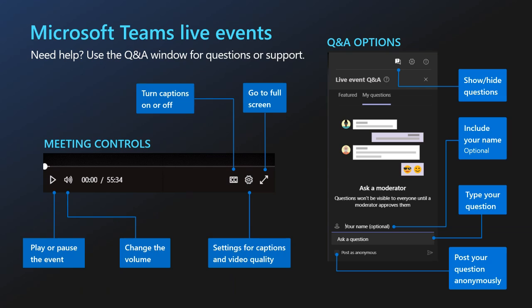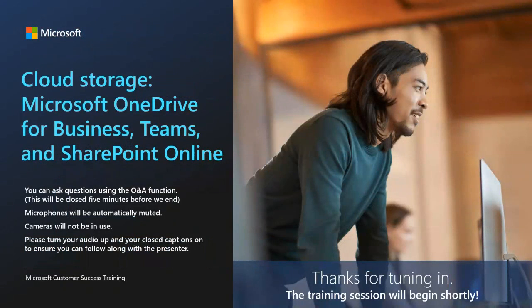That way we know what your original question was, and that'll help us out because most people tend to post their questions anonymously. Now, do note that during this session, your microphone is automatically muted, your camera is off, so the only way to interact with us is through that Q&A section.